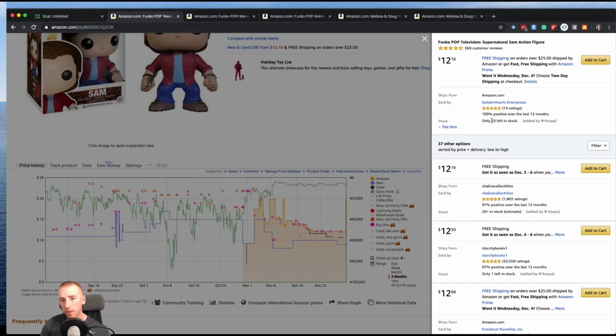I guess that's another factor that I didn't bring up, which is stock, because I see that they only have 10 in stock. If you have a very, very large amount of stock, I've noticed that even if you match the price of another FBA seller, you'll get the buy box most of the time, because Amazon has some algorithm that wants to distribute the load of purchases to the sellers that have more inventory.